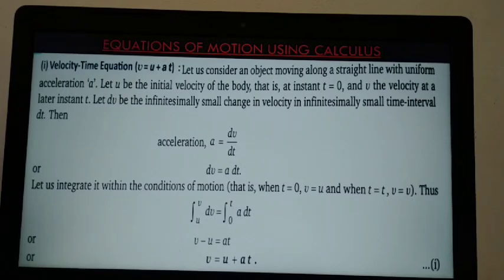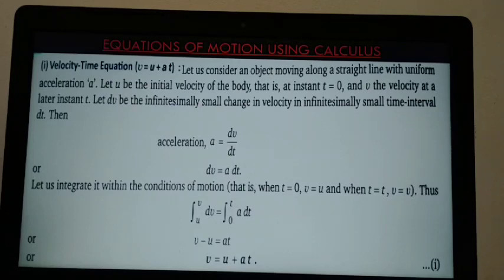So v minus u, upper limit minus lower limit, is equal to integral 0 to t a dt. What is a? Acceleration is constant. So that constant you can take out, so that will become a into integral 0 to t dt. Integral dt is t, so a into t with limits 0 to t.